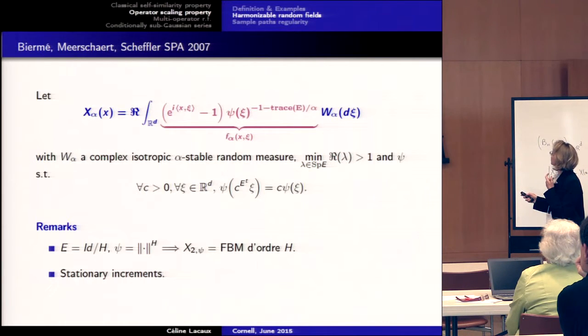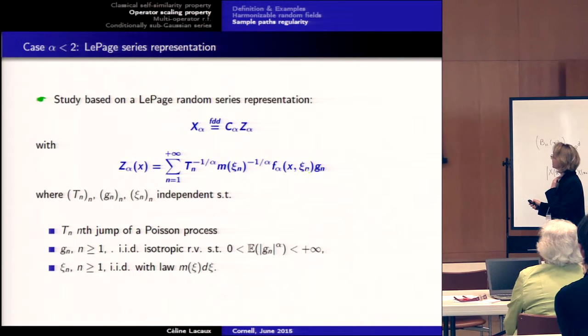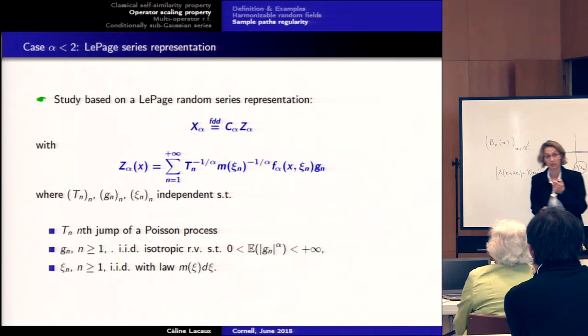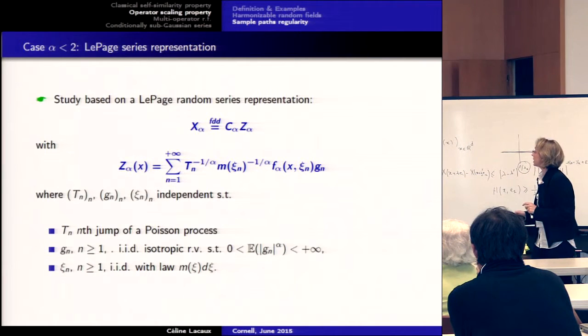So I have some jumps of a Poisson process. I have to choose a density M, and then I apply the kernel at point x and the random variable Cn and multiply by Gn. And I have several things to choose. Here I can choose any Gn as soon as they are isotropic, and that's in L alpha.